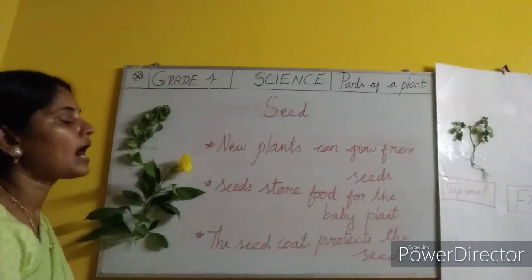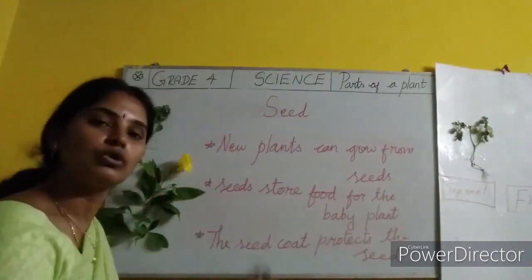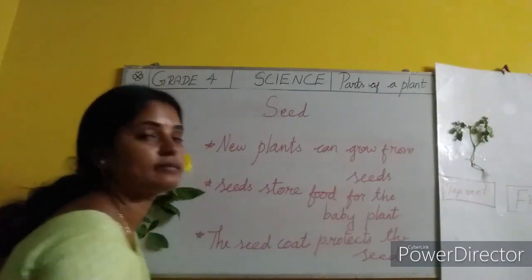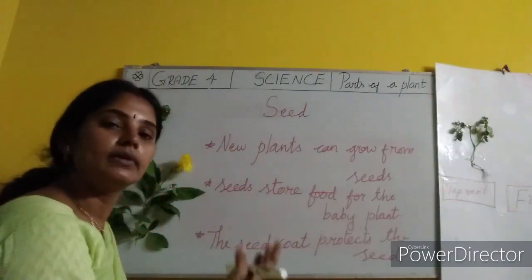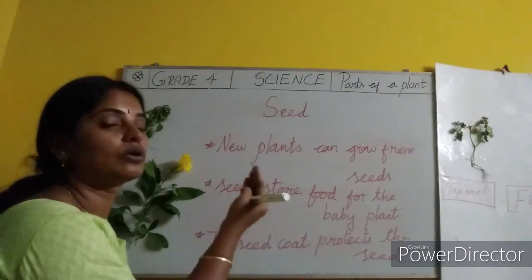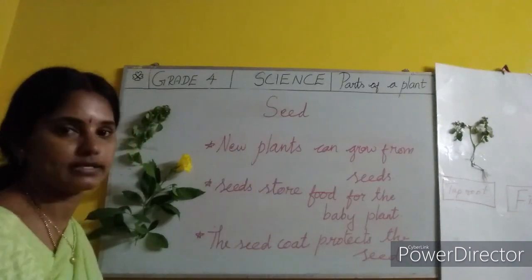And what is the function of the root? Root holds the plant firmly in the soil. What is the function of the stem? The stem grows above the soil. It holds the plant erect, upright.